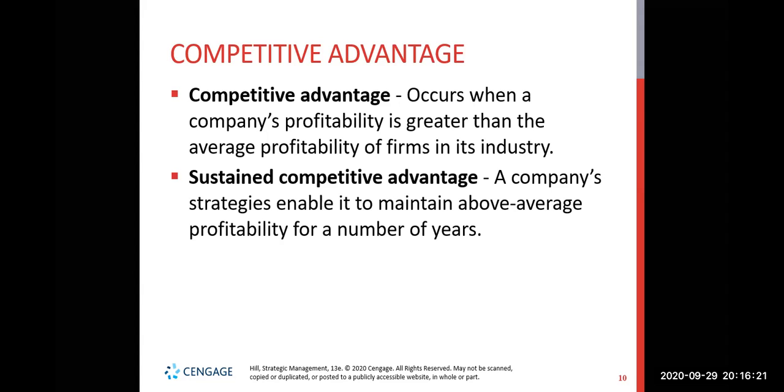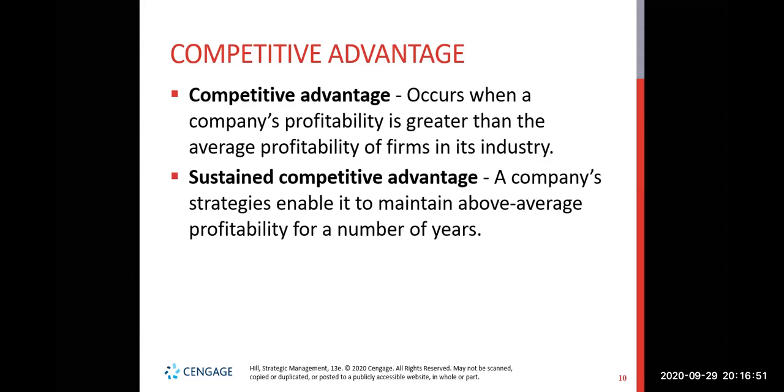To maximize shareholder value, managers must formulate and implement strategies that enable their company to outperform their rivals, that give it a comparative advantage. A company is said to have a comparative advantage over its rival when its profitability is greater than the average profitability and profit growth of the other companies competing for the same set of customers. The higher its profitability relative to the rivals, the greater its comparative advantage will be.